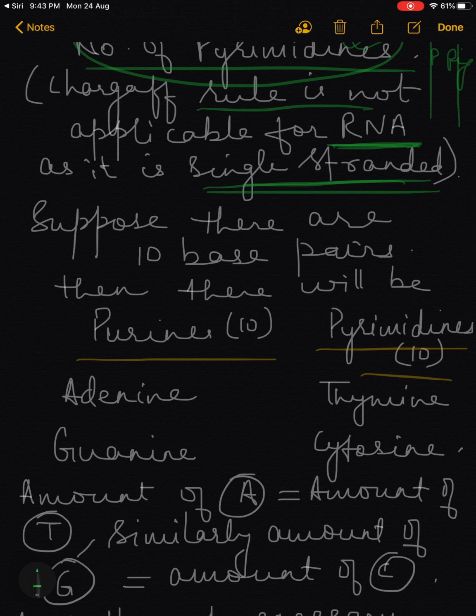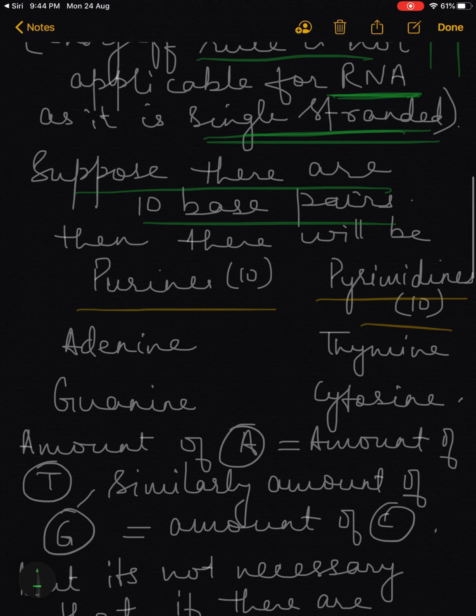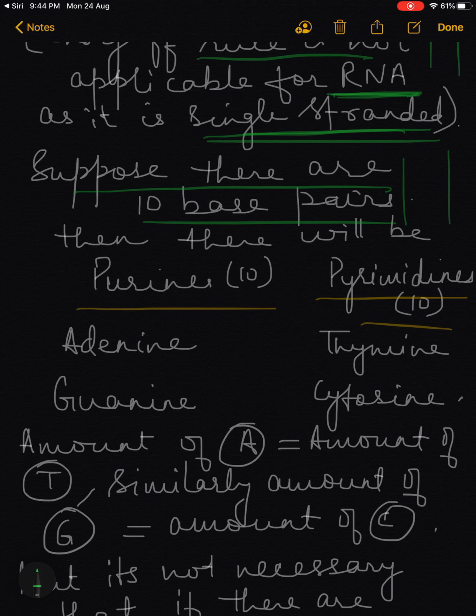Okay, then suppose there are 10 base pairs. Let's take that there are two strands of DNA and they are having 10 base pairs. So if there are 10 base pairs, that means there are 10 purines and 10 pyrimidines, right?